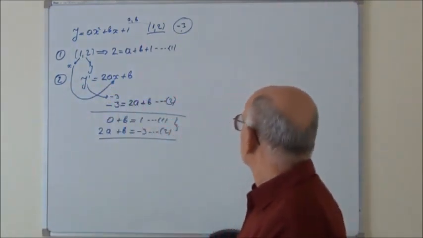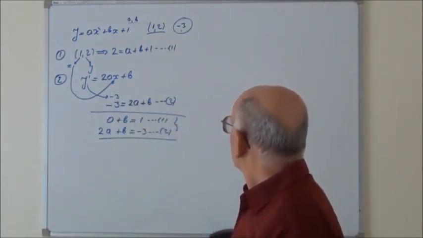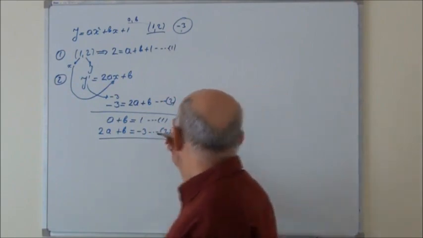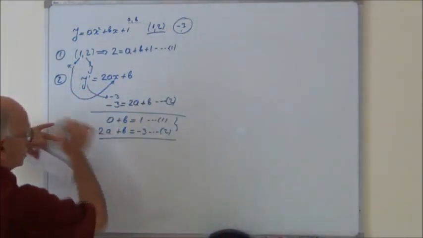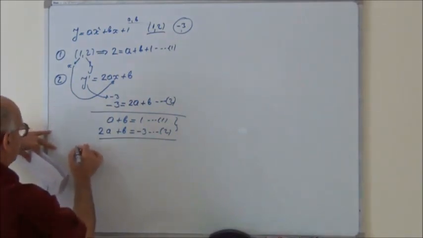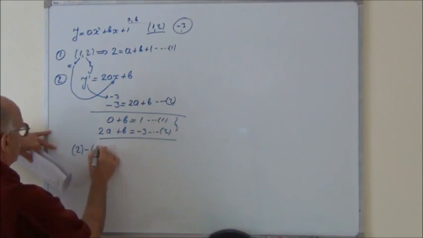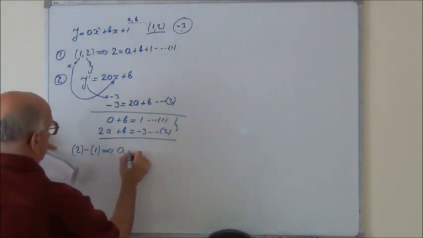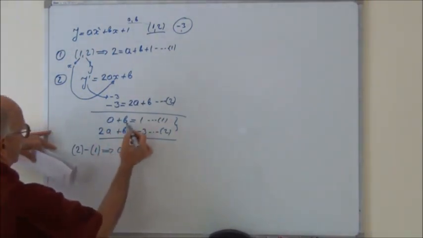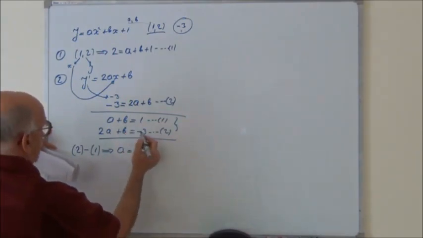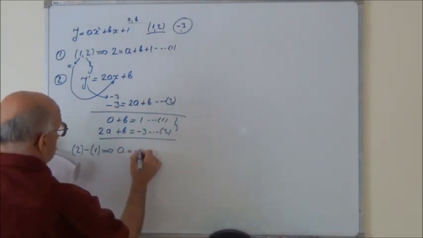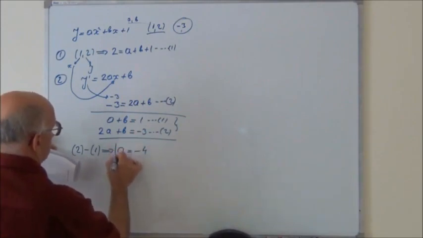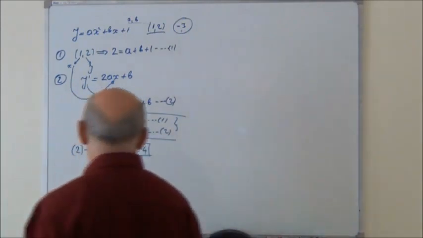The equations are very simple. We can simply subtract, let's say, 1 from 2. So equation 2 minus equation 1, and we will have 2a minus a is just a, equals b minus b is 0, minus 3 minus 1 is minus 4, and we have the value for a.